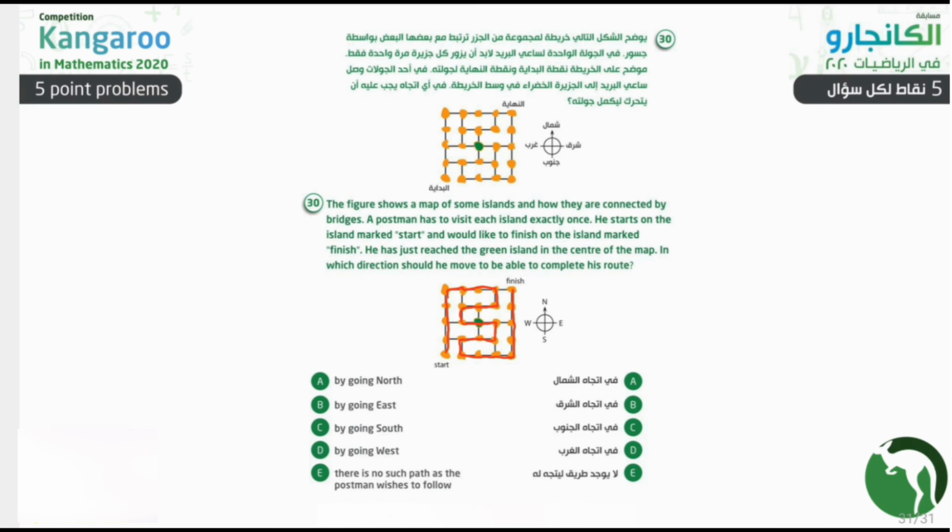So this one is a correct path. So when he reaches the green island, he will reach the finish by going east. So B is the correct answer.